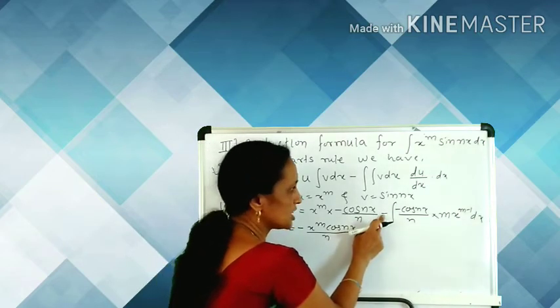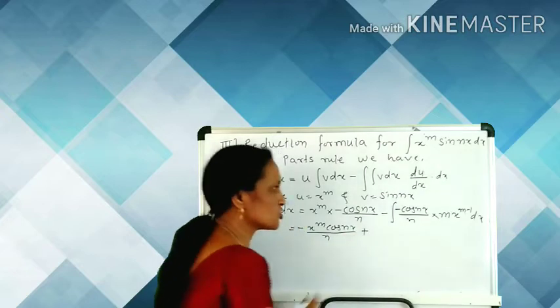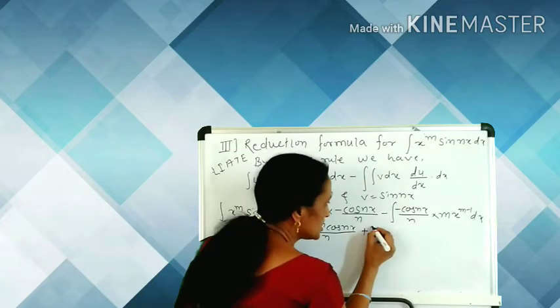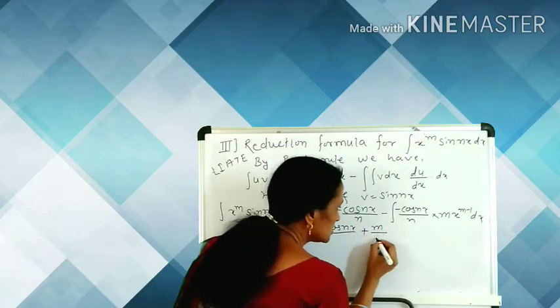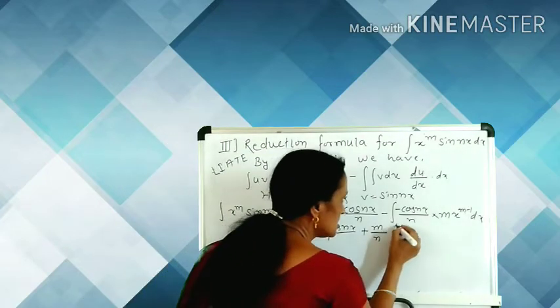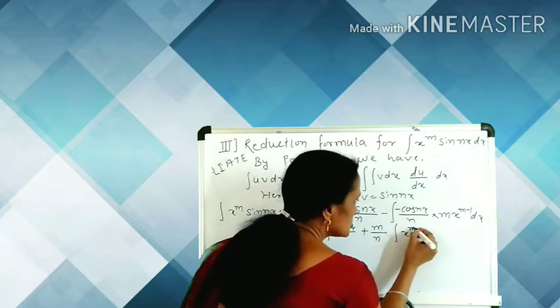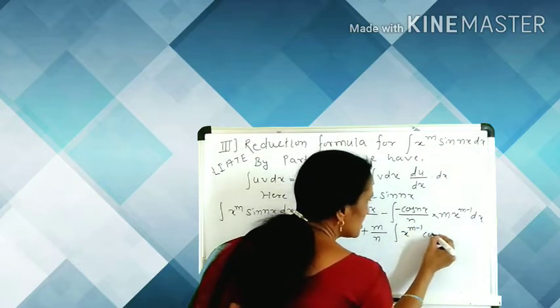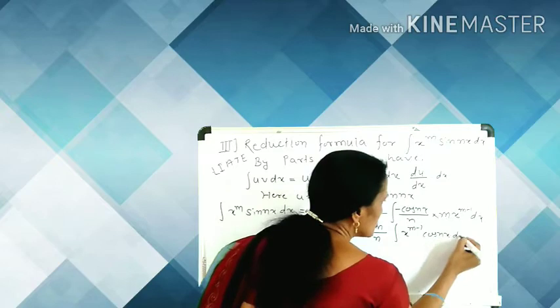So negative, negative, positive, and so here plus, we take the constant m by n outside the integration, and in the integration the terms are x raised to the m minus 1 multiplied by cos nx into dx.